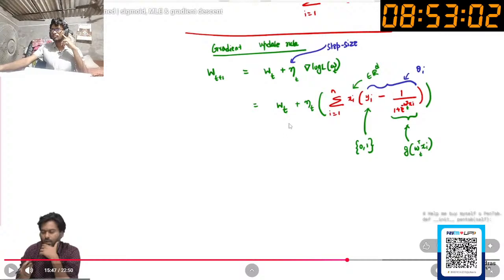If my current WT is classifying xi wrong, then we will give weightage to this xi. Otherwise, we will give less weightage to the xi, right? And that is all encoded in this expression, the red expression. That is all encoded in this expression, nothing more.